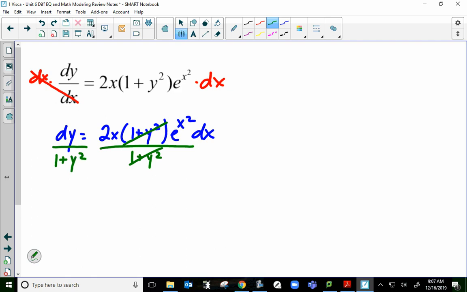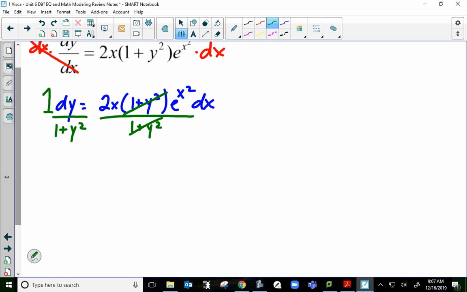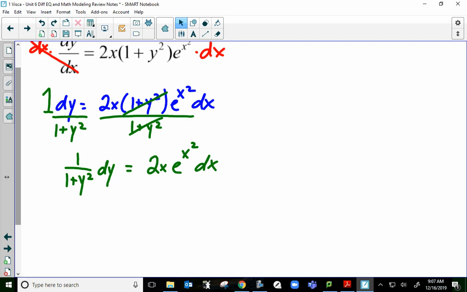Now remember, this is still a 1 up here. Okay, so when everything's all said and done, I've got 1 over 1 plus y squared dy equals 2x e to the x squared dx. Now, I'm going to integrate both sides.